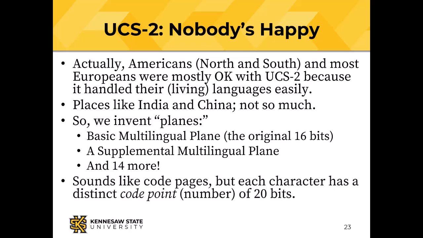These multilingual planes sound a lot like code pages, but they're different in that a code page mapped a symbol to one of 256 characters. In the Unicode planes, each code point has a distinct number. So we're not using the same number over and over again with different code pages. We have distinct numbers for each grapheme represented in Unicode. But we're still stuck with those 16-bit characters.